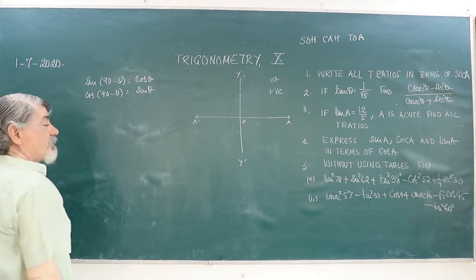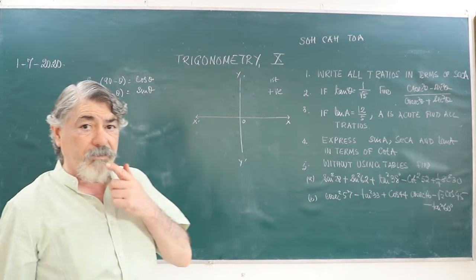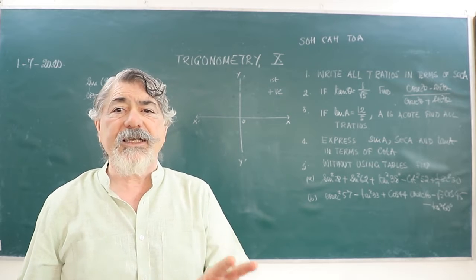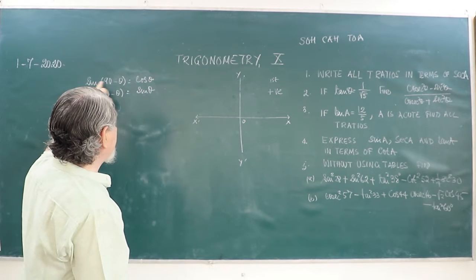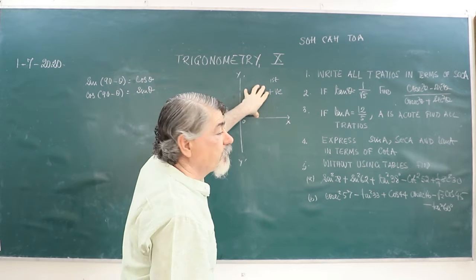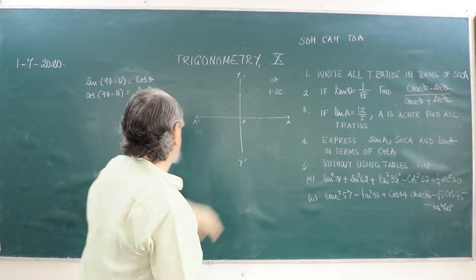Cos changes to sine, sine changes to cos if the angles are complementary. Only the thing is, sine has become cos, but it is positive because it is coming into this quadrant, 90 minus theta.